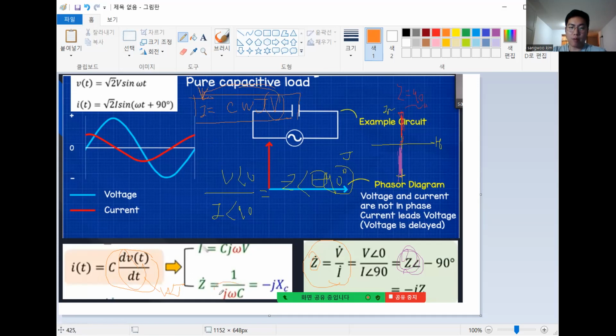So that's why it's going to be this. Got it? And as you guys know, here's minus J. That's why the omega J is going to be this part, minus, right? XC equals 1 over C omega J, right? That's it.